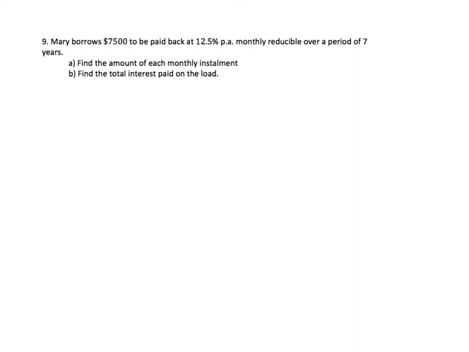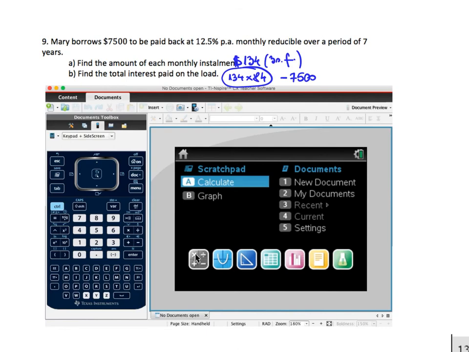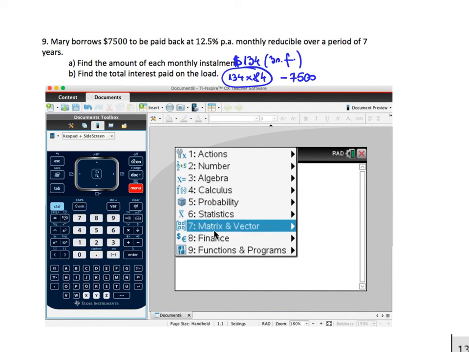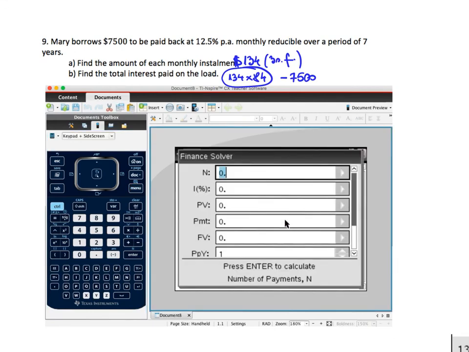So every month she will pay part of this money, but also for the rest of the money interest will be accounted. So that's quite a complex model. That's why the GDC will help us to solve it. Okay, so let's see what happens. Finance Solver.